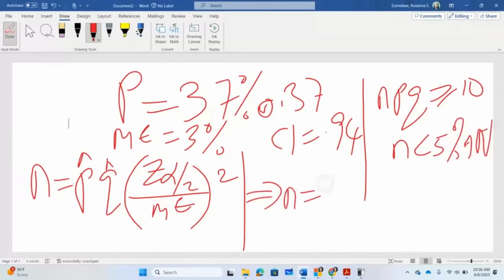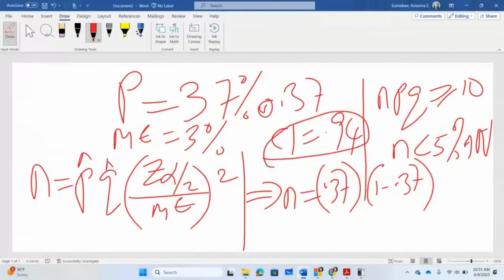Okay, so now we're going to do the calculation. We are given everything. So the P, rewrite it here. So n is equal to 0.37 times 0.63. That's P times Q. Divide 6% by 2.